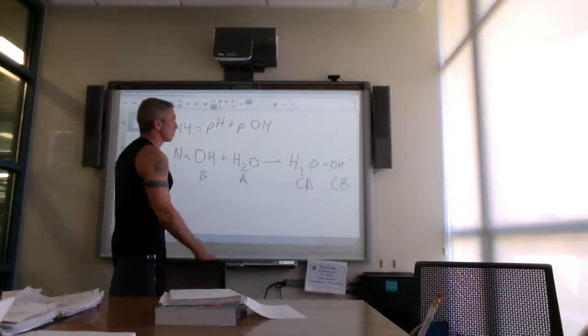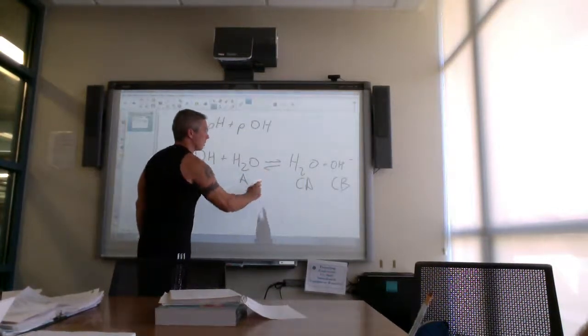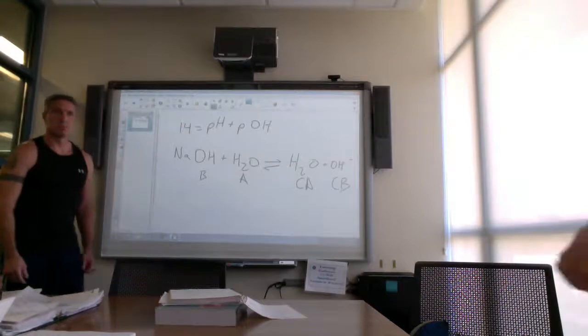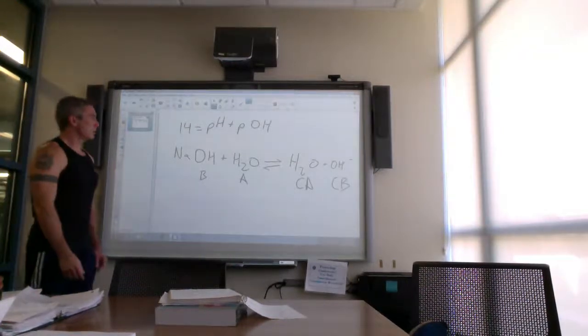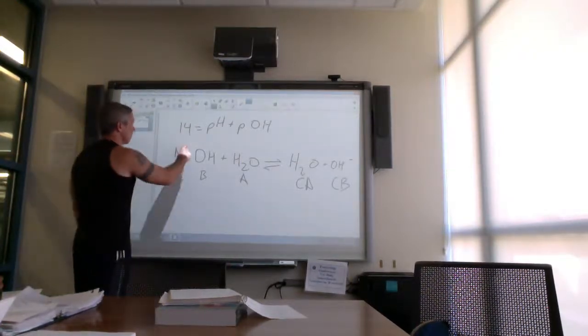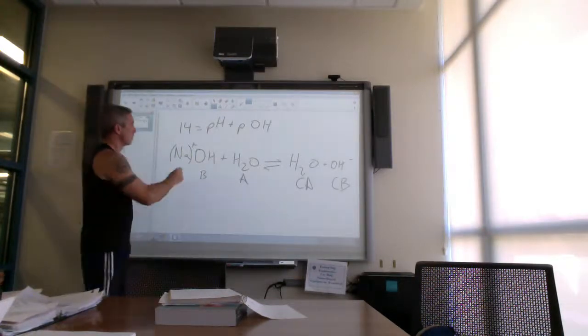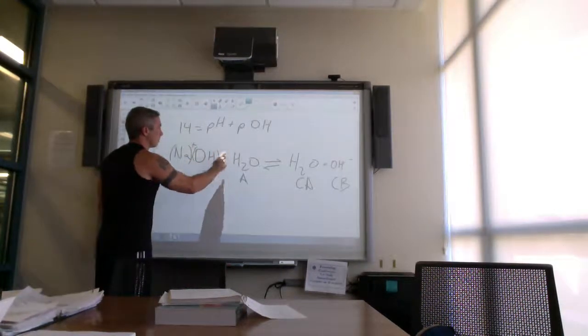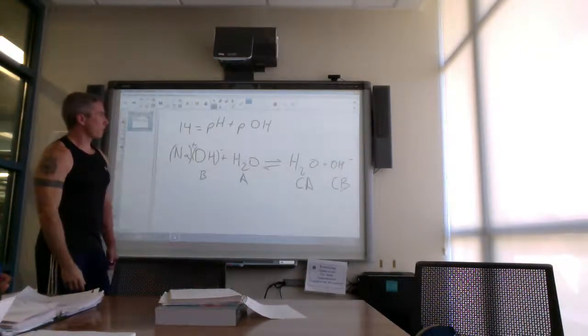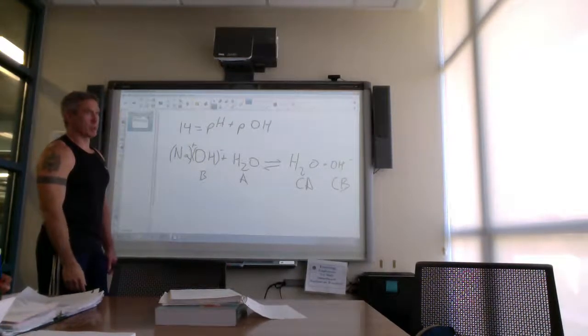So in reality, this one's going to do what? It's going to be perfect equilibrium. The way you have it written there, is that the overall condensed reaction? You can take water out, is what you're looking at.